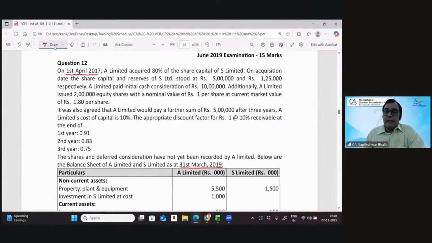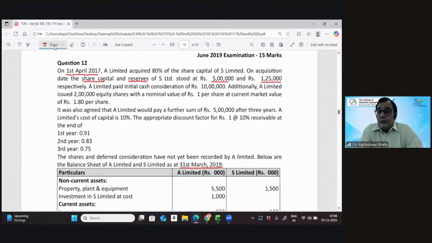Then he says on acquisition date, the share capital and the reserves of S is given to me as 5 lakhs and 1 lakh 25 respectively. Now, when one looks at this information, the tendency is to treat it as the net assets on the date of acquisition.